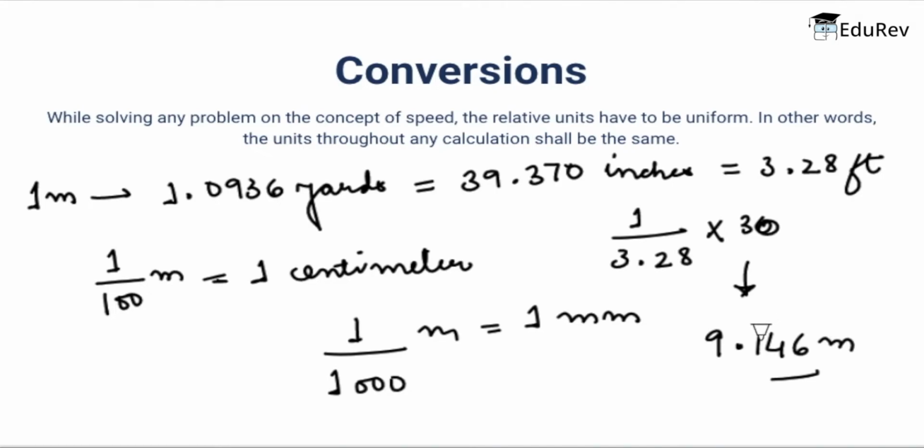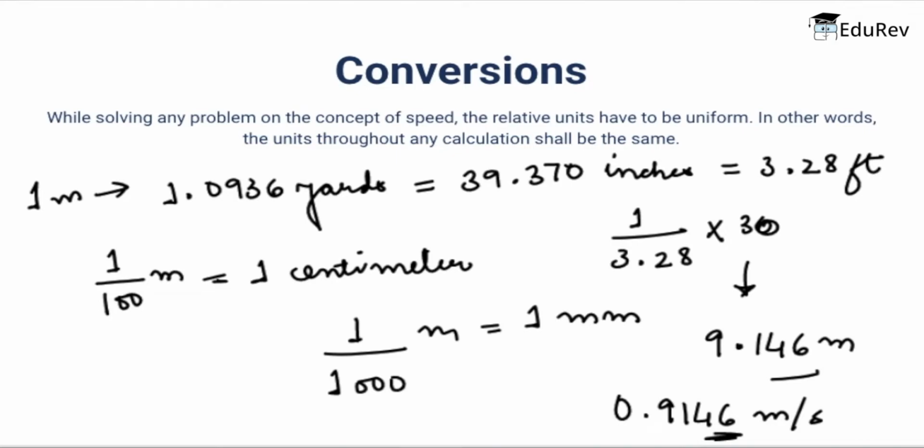So the speed of the man is 9.146 upon 10 meters per second, or 0.9146 meters per second. Therefore, the correct answer is 0.9146 meters per second.